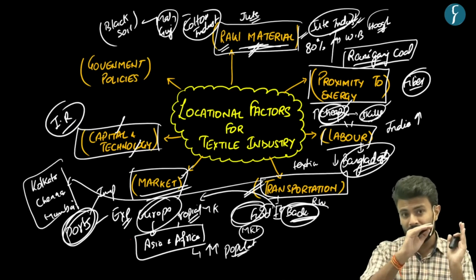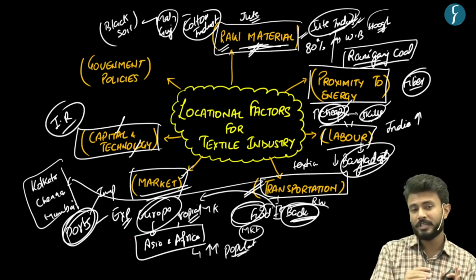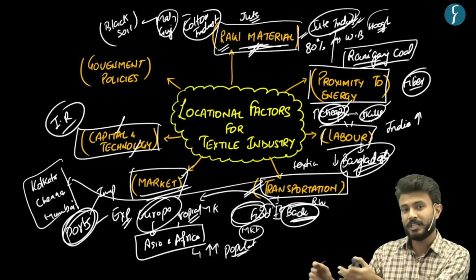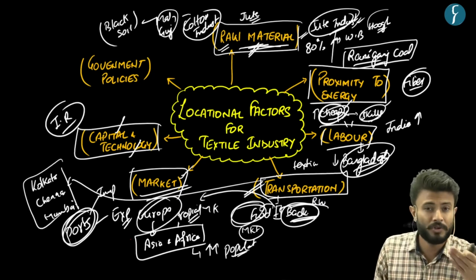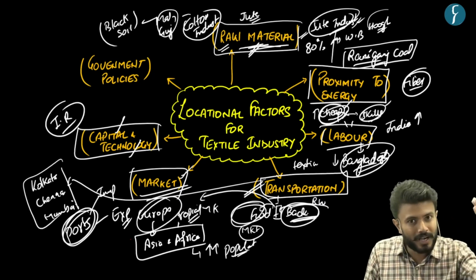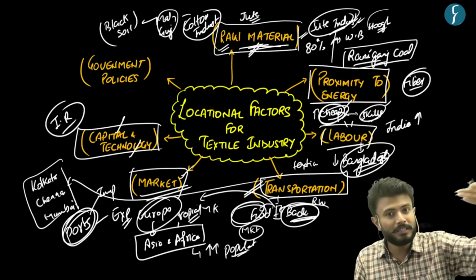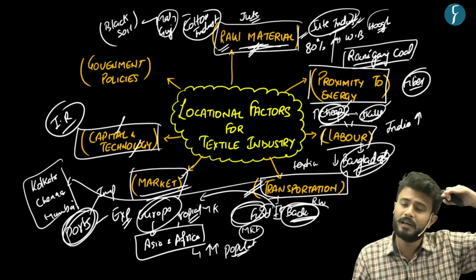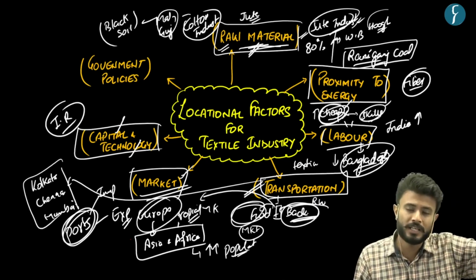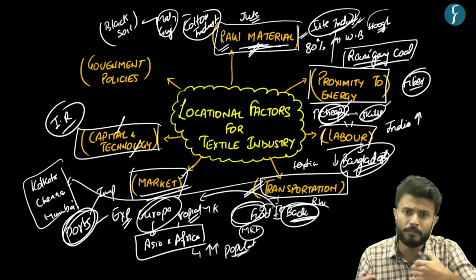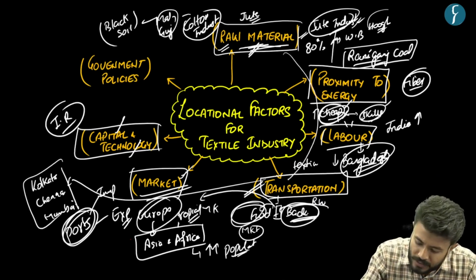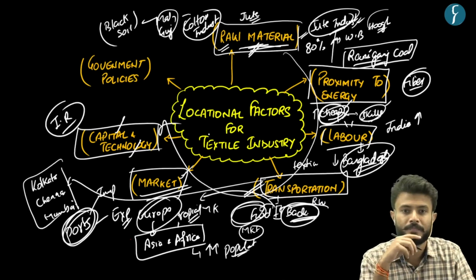Eventually, if we see now, these locational factors have shifted towards Asia and Africa, right? For example, now we are also having capital, now we are also having technology. So again, industries shifted, but this shift from the earlier location in Europe to the present location in Asia and Africa proves how all these factors operate together, right?